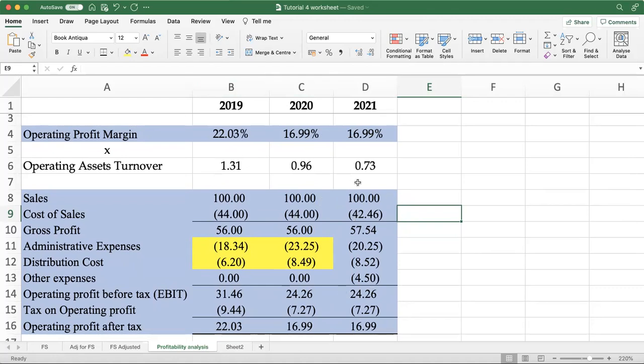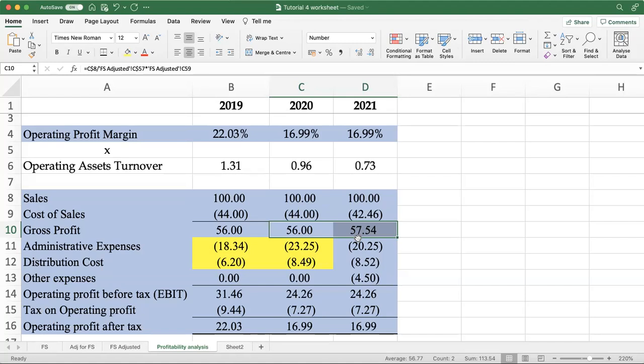Now, if you see this common size analysis, you see a gross profit level increase. The gross profit common size value increased. You see 2020, 56, that increased to 57.54. So this is favorable for the company.